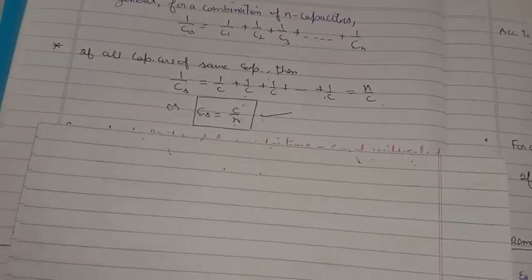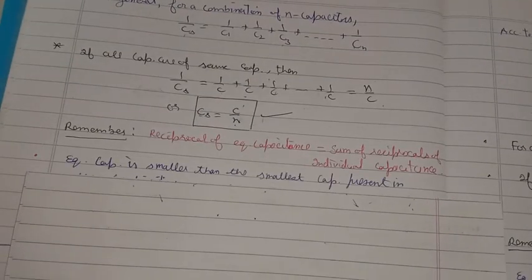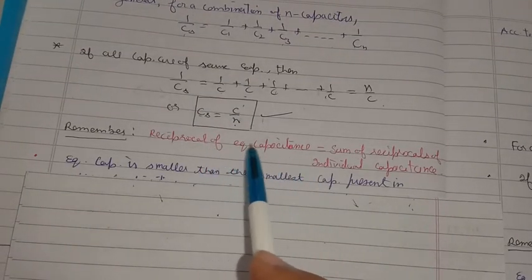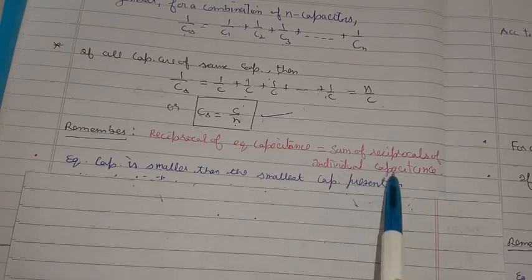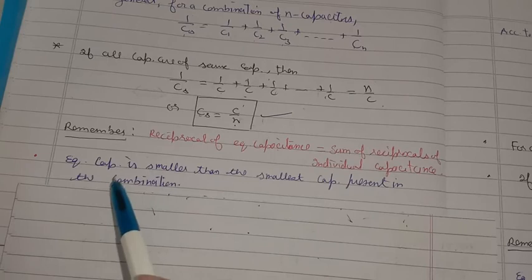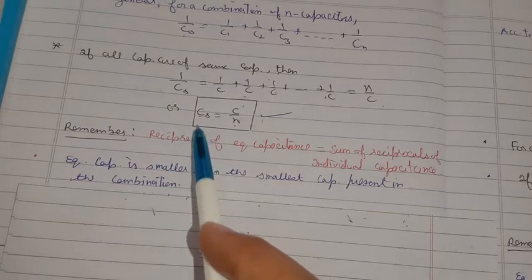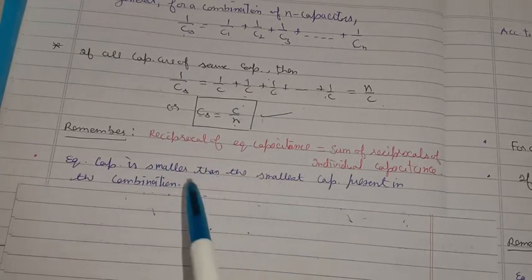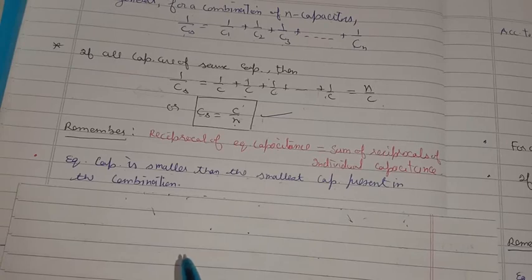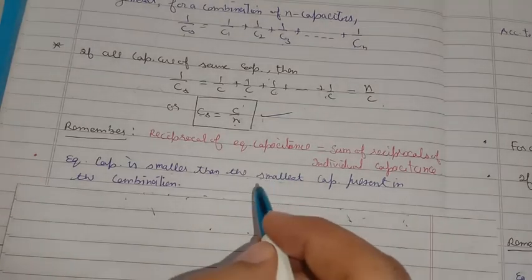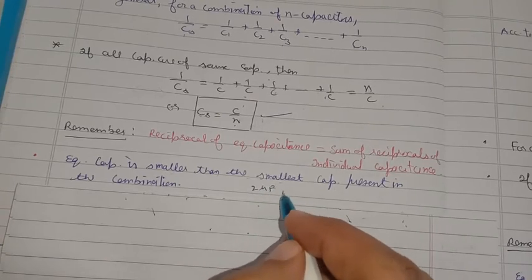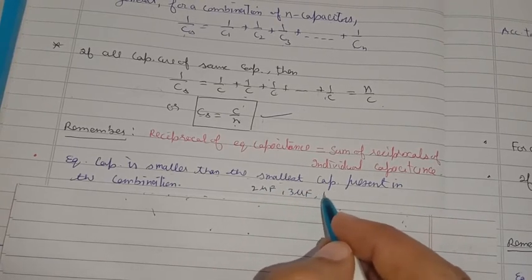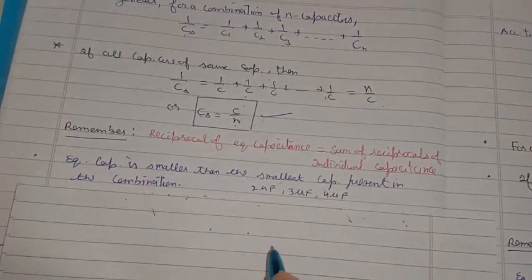In case of series combination, you have to remember some important points. The reciprocal of equivalent capacitance is equal to the sum of the reciprocals of the individual capacitances. The equivalent capacitance, that is Cs, is smaller than the smallest capacitance present in the combination, which means suppose we have connected three capacitors, 2 microfarad, 3 microfarad and 4 microfarad in series with each other.